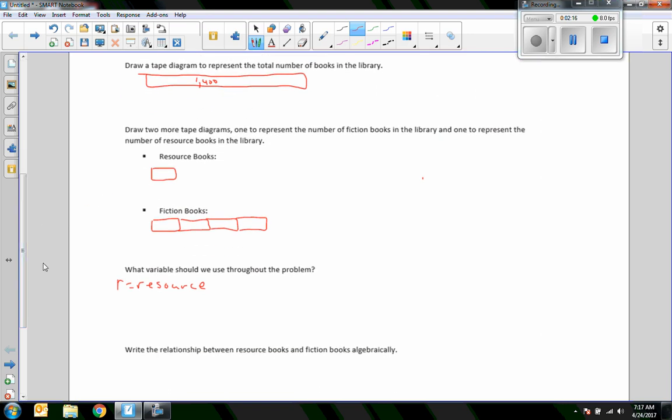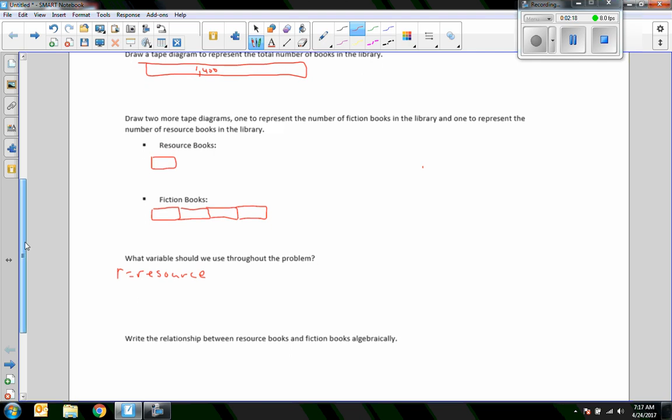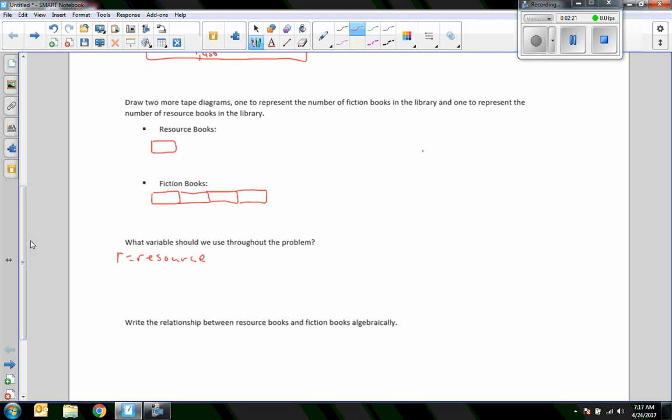Write the relationship between resource books and fiction books algebraically. Okay, so if R is resource books, then fiction would be 4 times R. So with respect to R, the fiction books would be 4R.